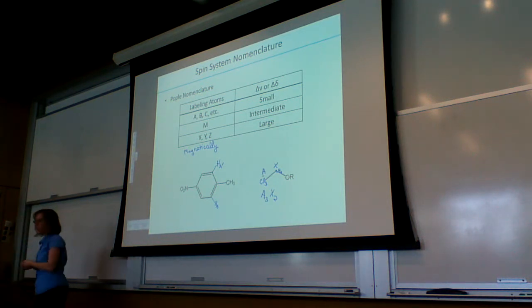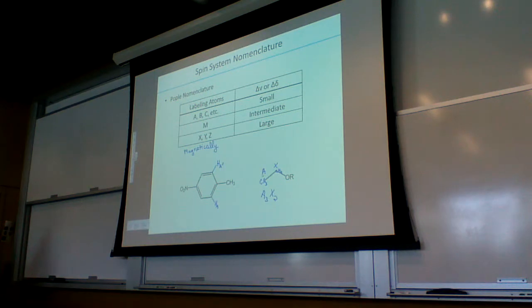So these are considered chemically equivalent, but not magnetically equivalent. We also have hydrogens here and here, and those have a different chemical shift. So we're going to call them HX, and one of them is going to be HX prime, because again, those are magnetically inequivalent.